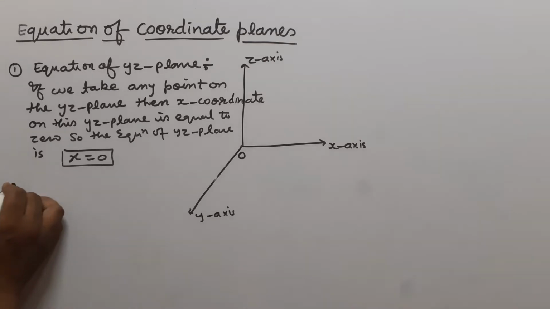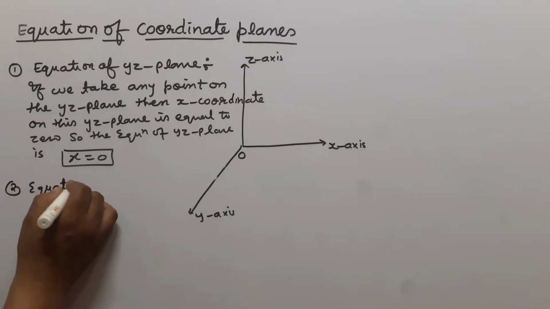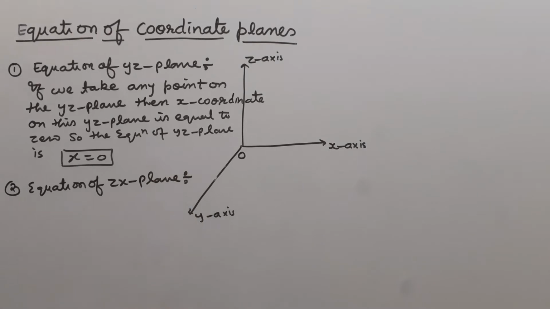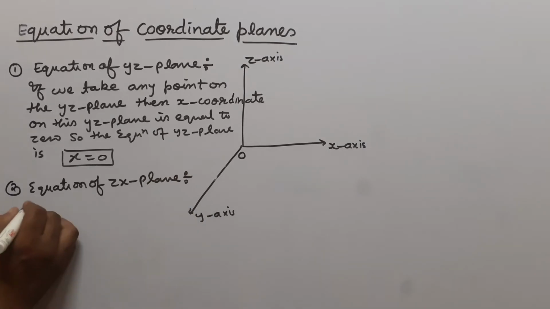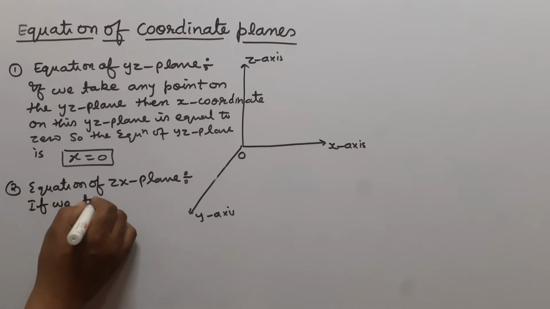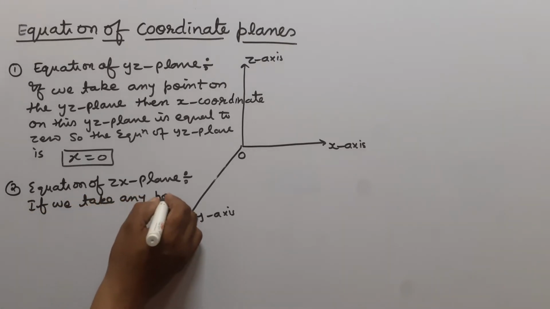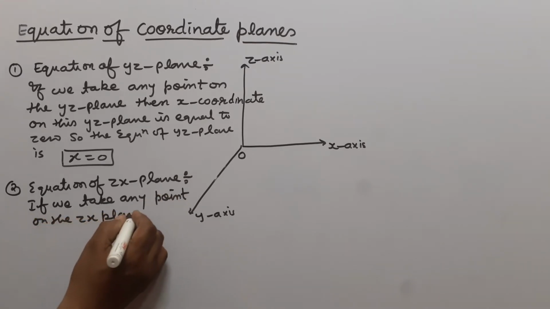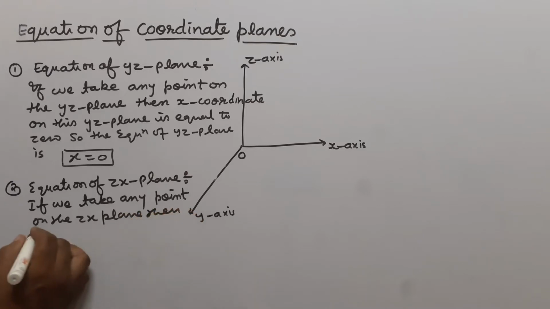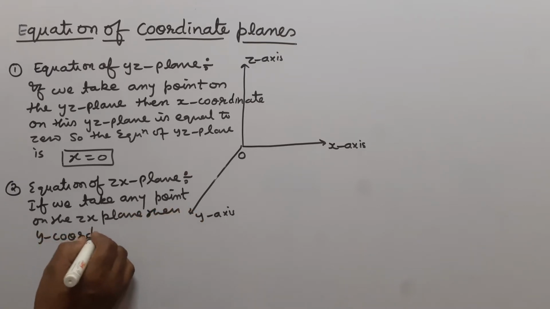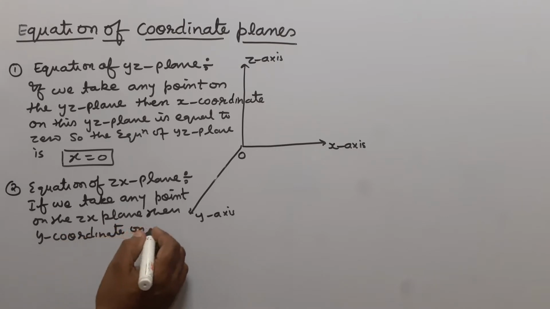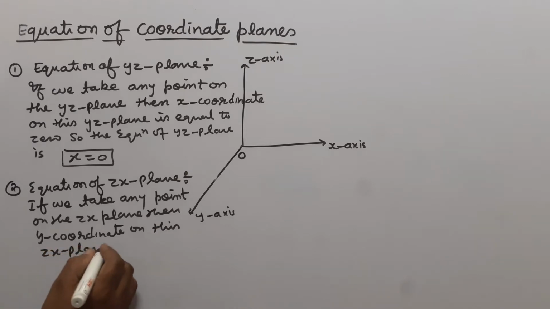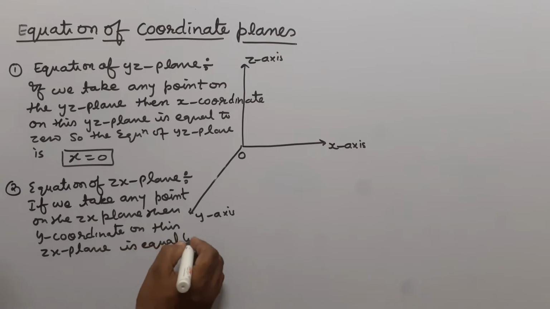Now we find the equation of the zx plane. If we take any point on the zx plane, then the y coordinate on this zx plane is equal to 0.